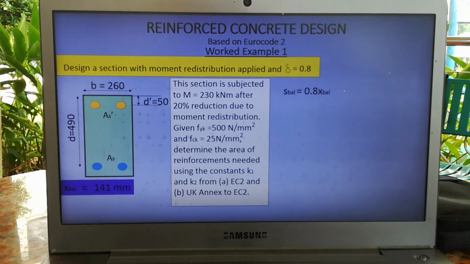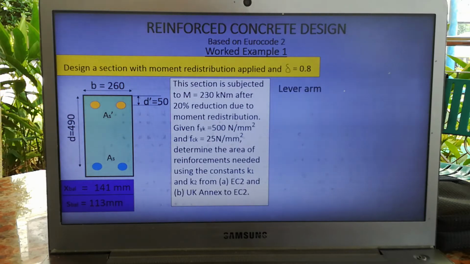We store the value at the bottom left and proceed to calculate the depth of the stress block s, which is 80% of x. Substitute the value. In case you forget, 141 is the value of x balance calculated earlier. And the answer is 113 millimeters.